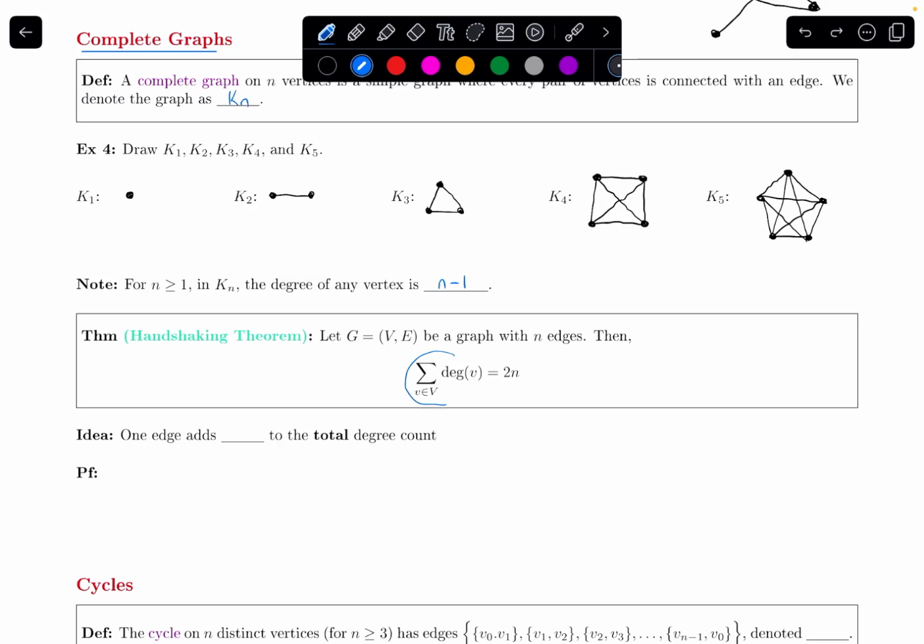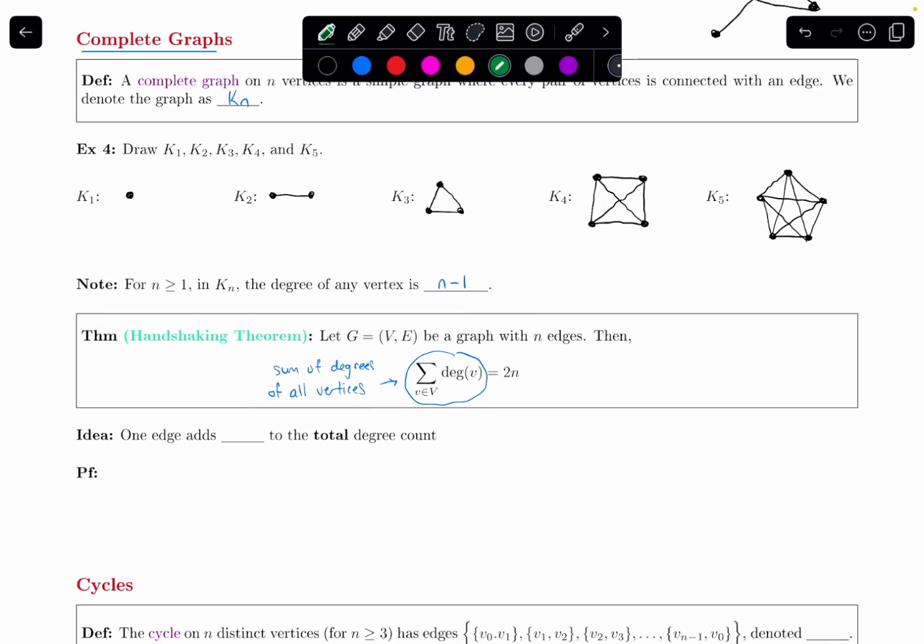So what this is saying is we'll sum up the degrees of all the vertices. This is the sum of the degrees of all the vertices. And what the theorem is claiming is, well, that should be equal to 2n. If we sum up the degrees of all the vertices, it should end up equaling 2n.